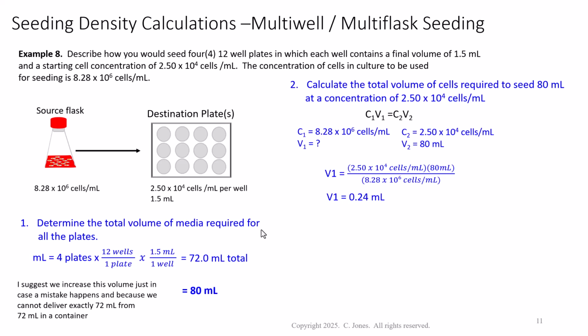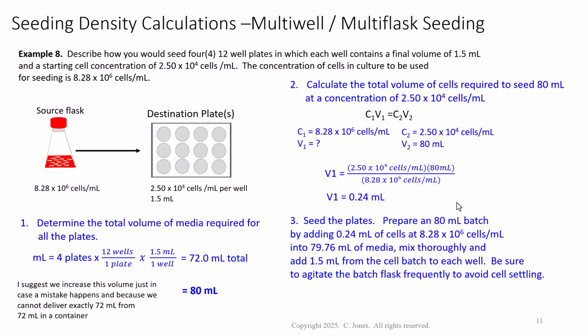So we're going to require 0.24 mils from our source flask, where the cells are at a concentration of 8.28 times 10 to the 6 cells per mil, and we're going to bring that into a final volume of 80 mils.